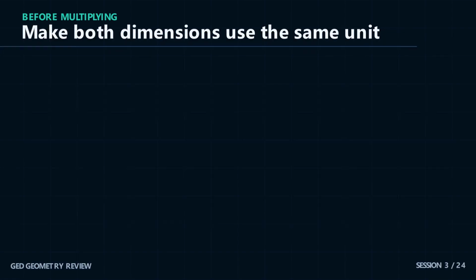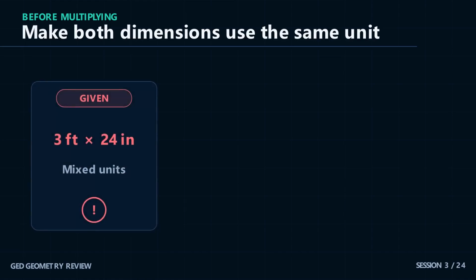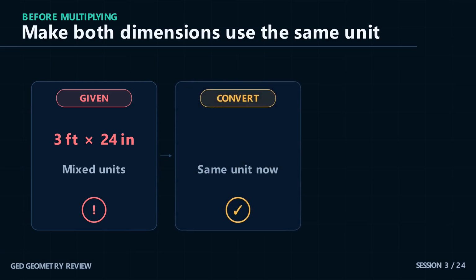Dimensions must use the same unit before you multiply. Suppose a panel is 3 feet long and 24 inches wide. Multiplying 3 by 24 would mix feet and inches, so that result would have no useful unit. Convert 24 inches to 2 feet. Now multiply 3 feet by 2 feet.